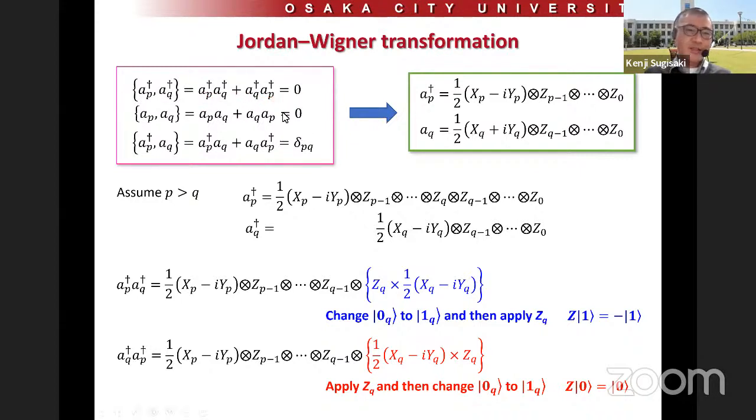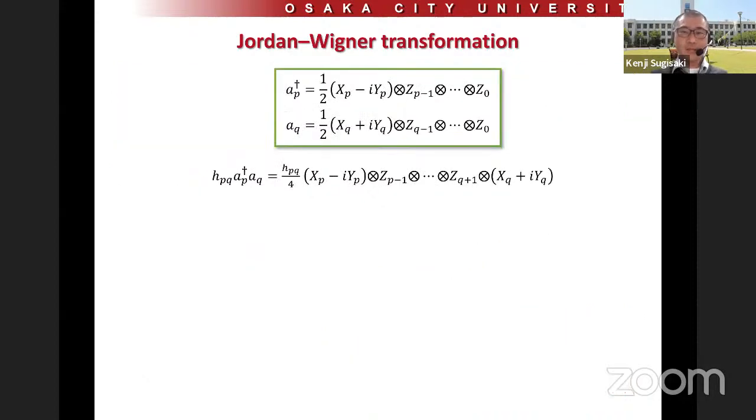A similar equation can also be obtained for the annihilation operators a_p a_q case. So if we apply the Jordan-Wigner transformation, let us think about the one-electron operator as shown here.